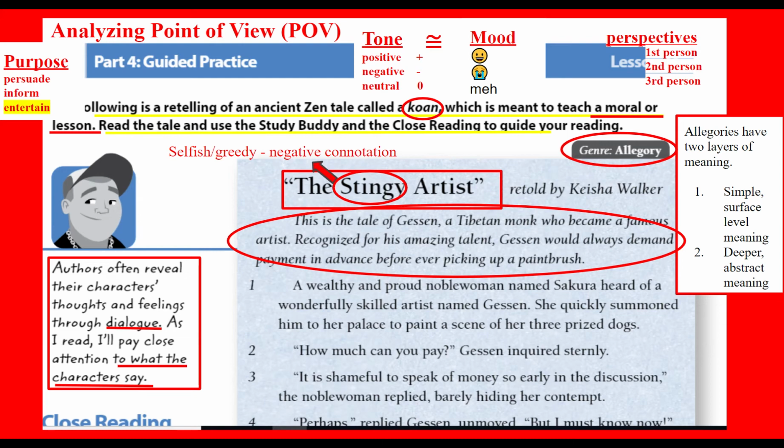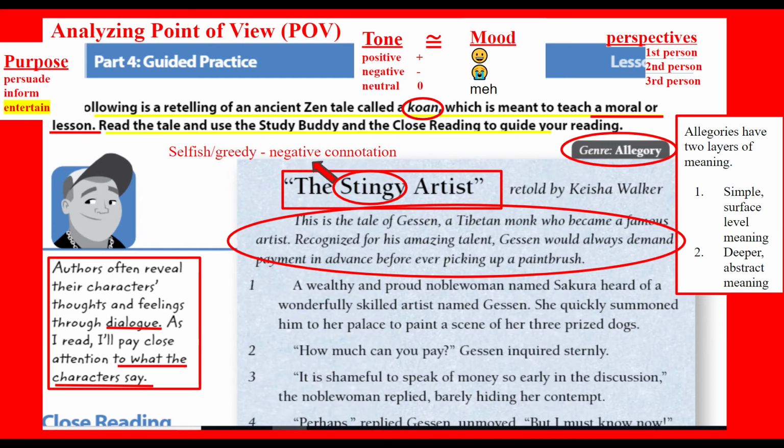And our little extra section up here says this is a tale of Jeshin, a Tibetan monk who became a famous artist. Recognized for his amazing talent, Jeshin would always demand payment in advance before ever picking up a paintbrush. So that gives us a good bit more information about what we're going to read.